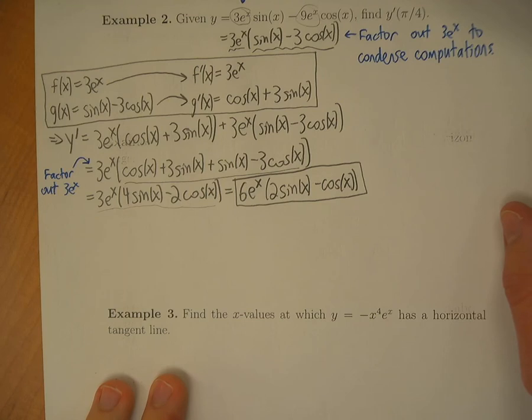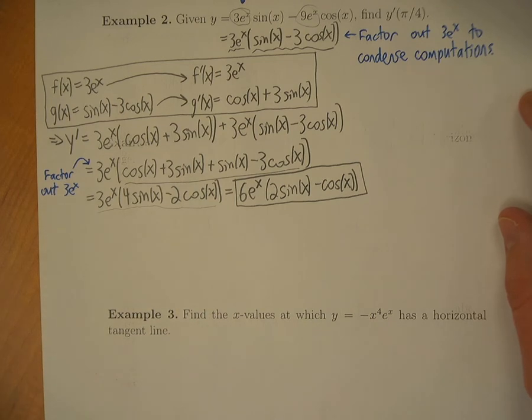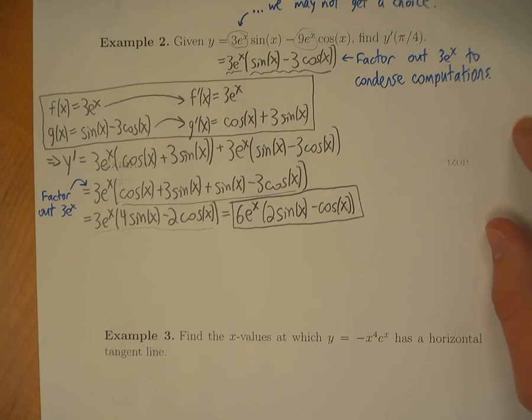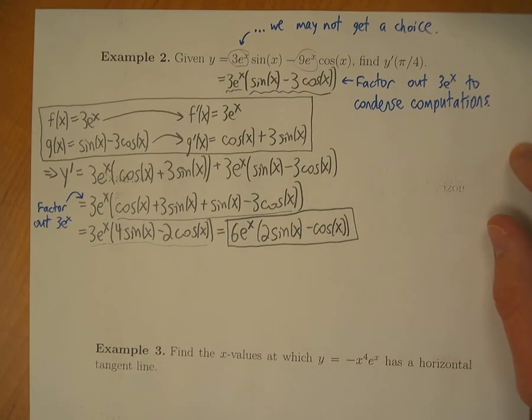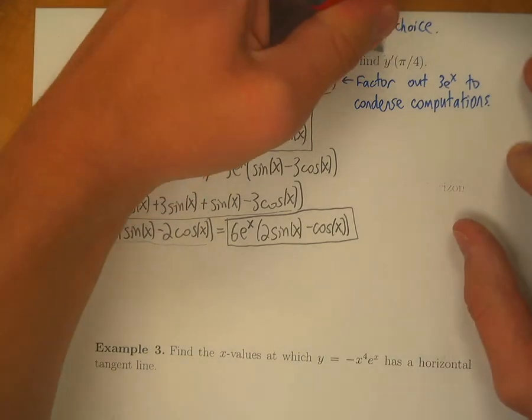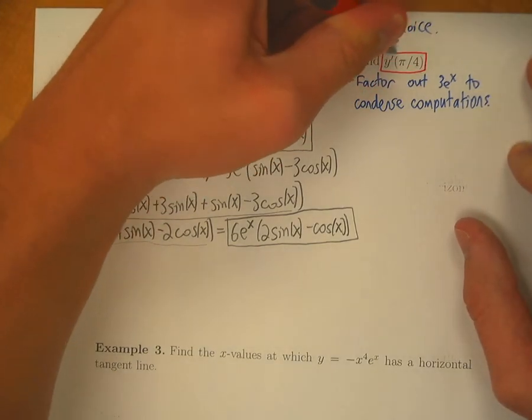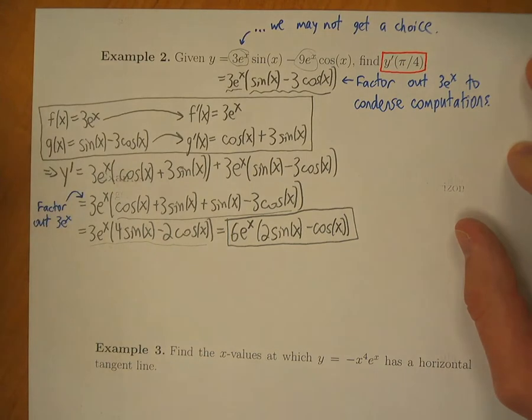Okay. So any questions on that part before we move on to the next bit of example 2? Okay. So the nice thing is that while we do have our derivative, that's not quite what the question wants us to find. Because we're trying to find y prime of pi over 4.